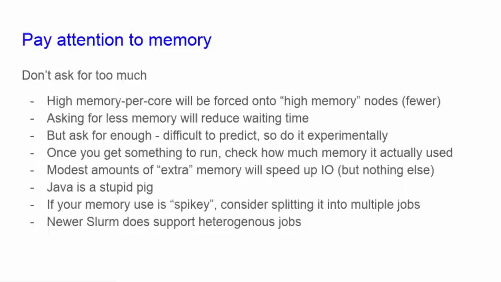The Slurm version that we're propagating to all the clusters now actually does support heterogeneous jobs. This has always been a sticking point. In general, with Slurm, you get a homogeneous set of node allocations, so what you ask for is split evenly across nodes.